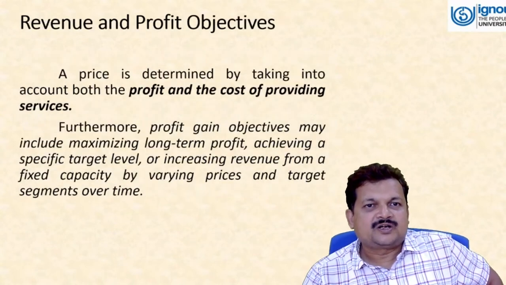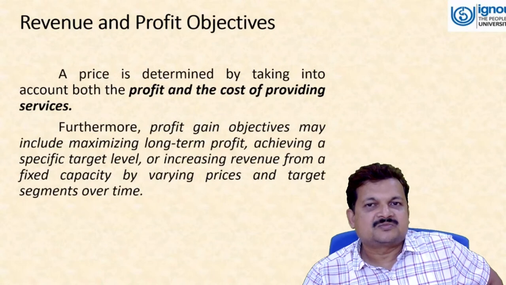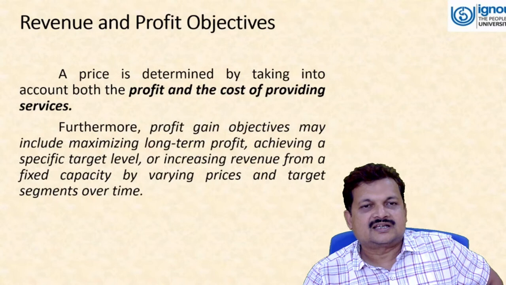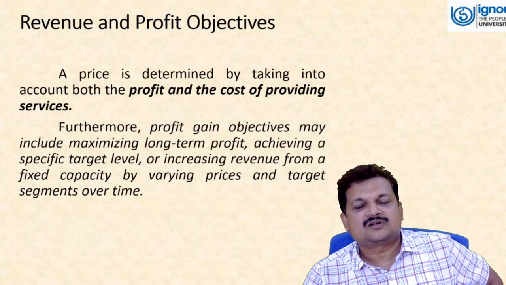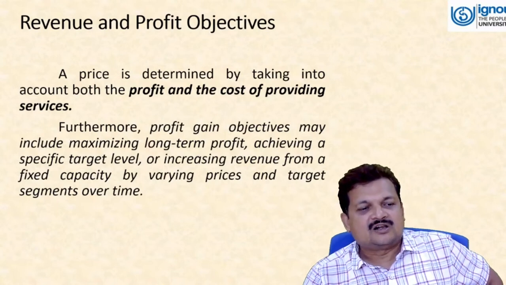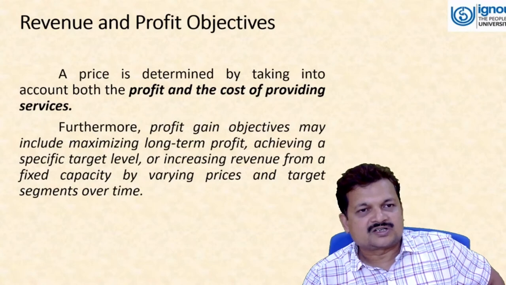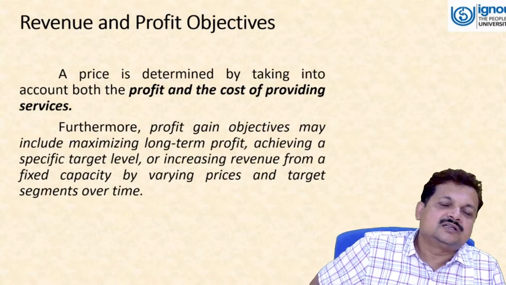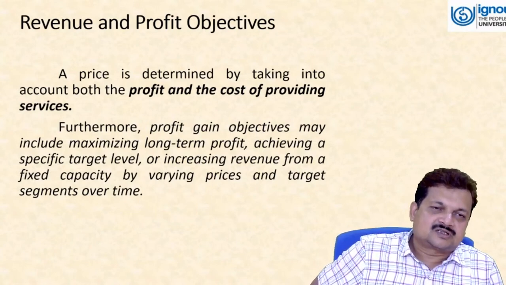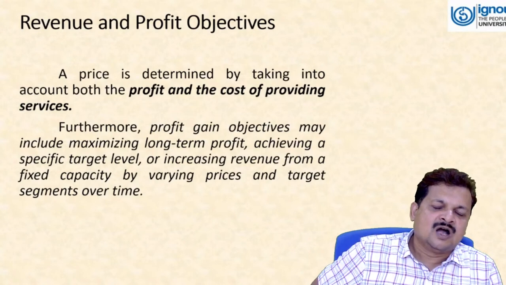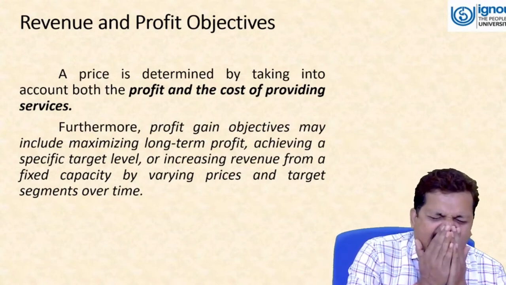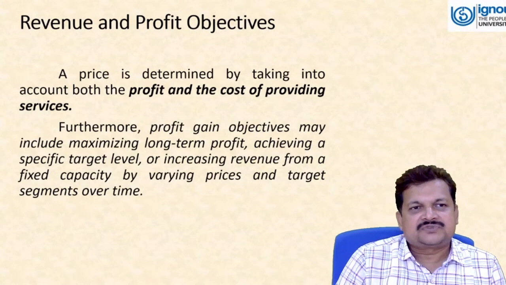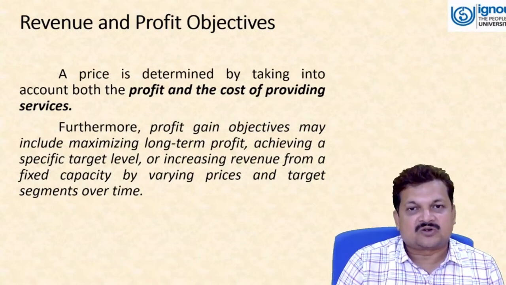Under revenue and profit objectives, the price is determined by taking into account both the profit and the cost of providing the services. For example, if you are selling a laptop to somebody along with a 1 year warranty, then that cost is already paid by the customer. Within 1 year, any problem with your laptop, computer or any durable item, the service will be free of cost.